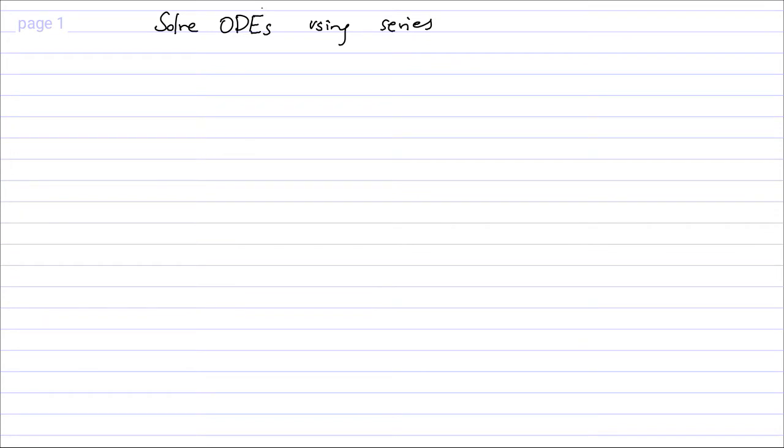Now, given a differential equation, you assume that the solution to the differential equation can be written down as a power series. In other words, I assume that the solution can be written in this form. This is known as a power series, essentially a series consisting of polynomials.